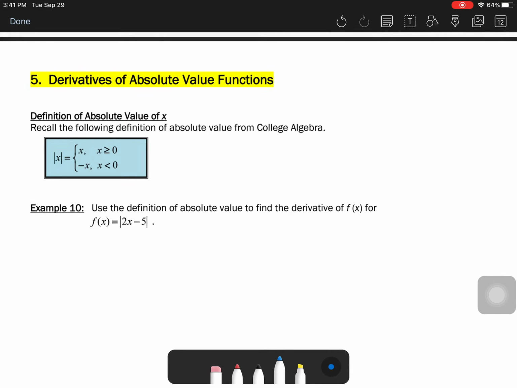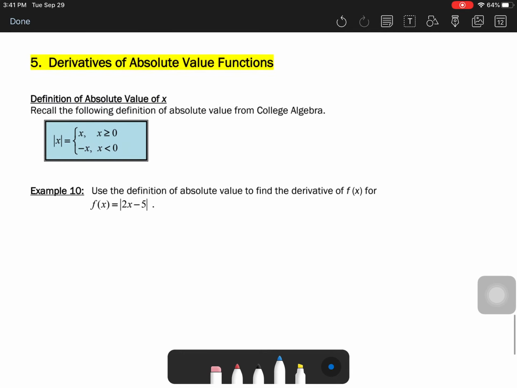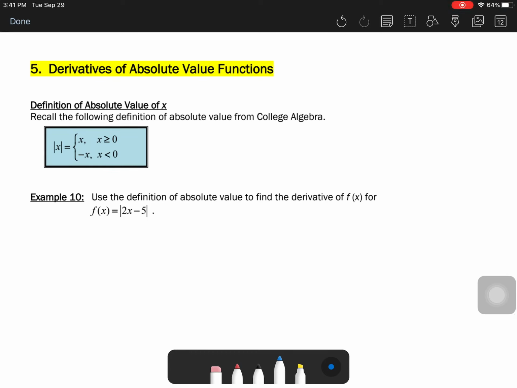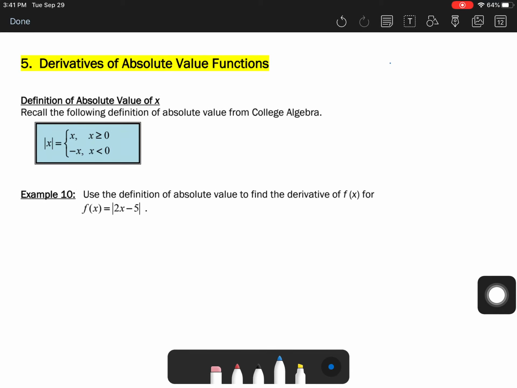Okay. Last one here, definition of a derivative of an absolute value. It says recall the definition of absolute value from college algebra, which is basically a piecewise graph, just this simple V shape.